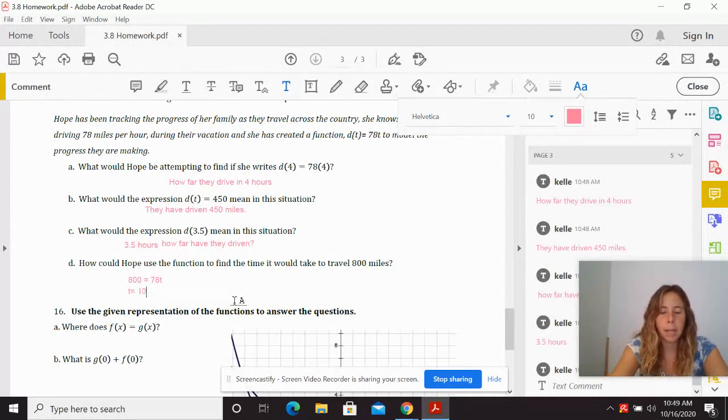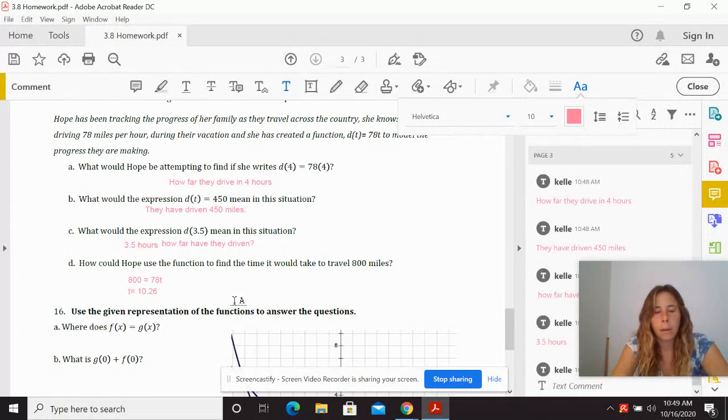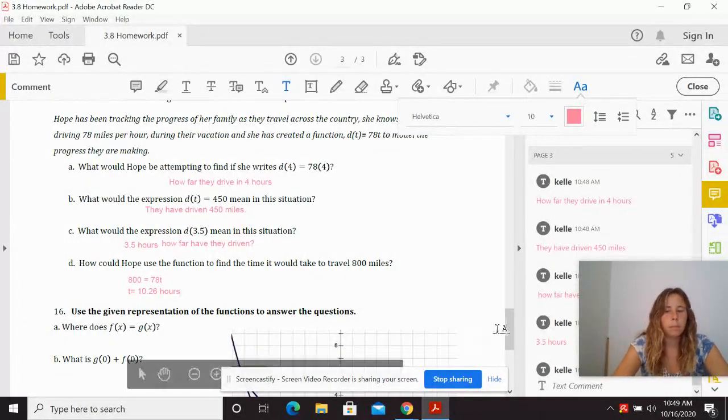It's like 10.2, we'll round it up. Hours. So you can substitute 800 in for the distance, and then you would solve for the time.